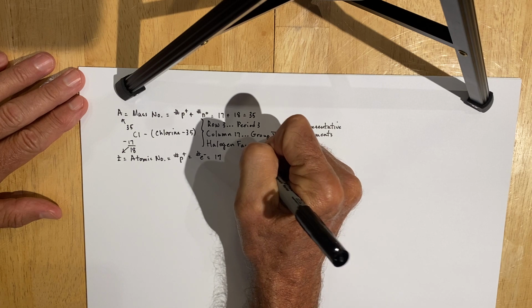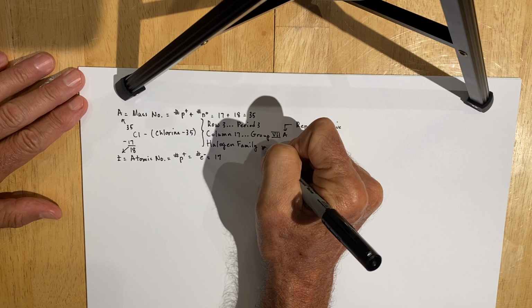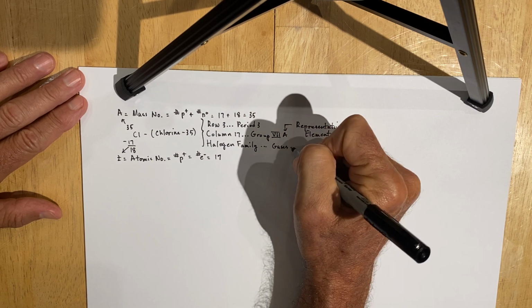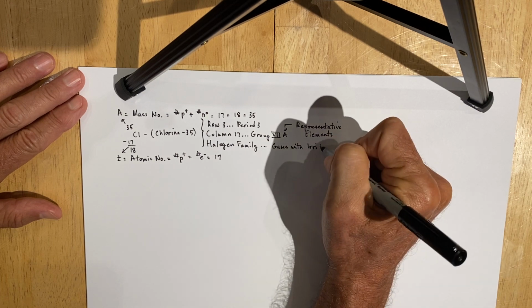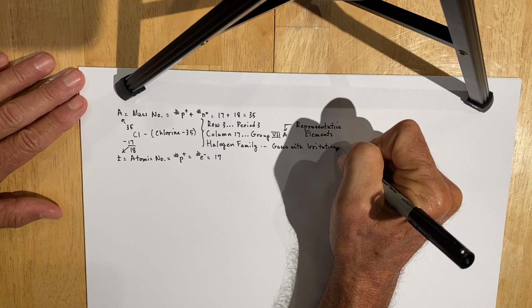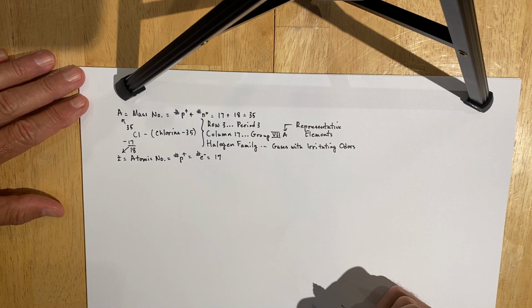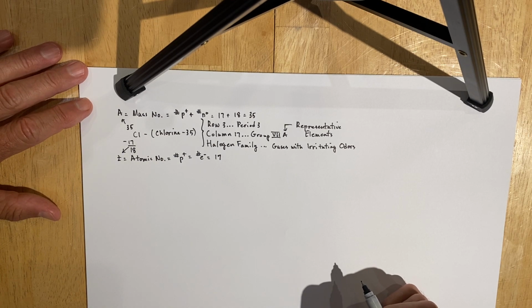So we say it's a member of the halogen family, which are all gases with irritating odors. Well, actually, in that family is bromine, which is a liquid which readily vaporizes, and iodine, which is a solid which sublimes from a solid to a vapor state.